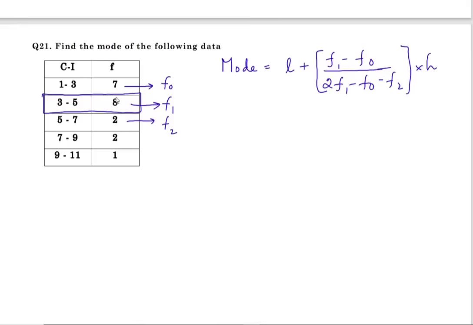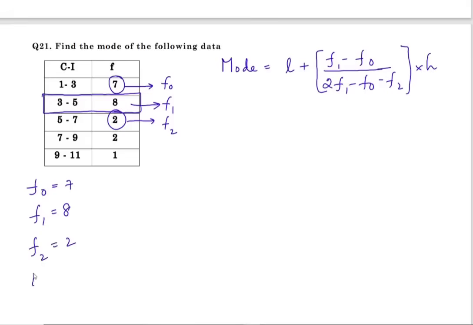The maximum frequency is F1, the above frequency is F0, below is F2. Now what we got: F0 is 7, F1 is 8, and F2 is 2.